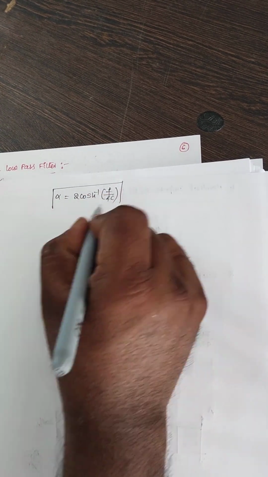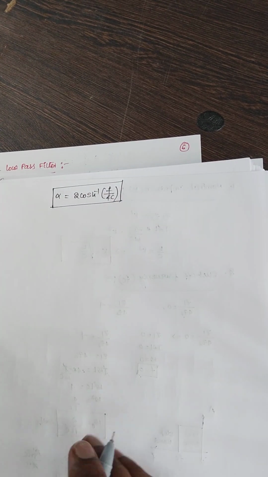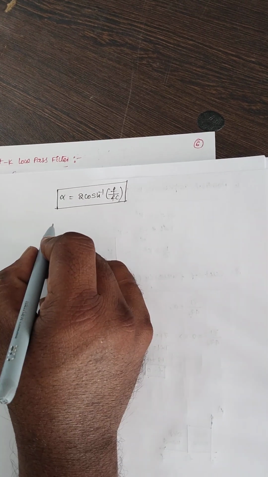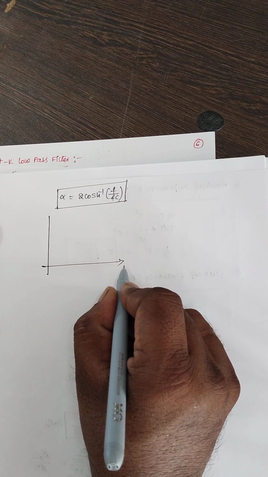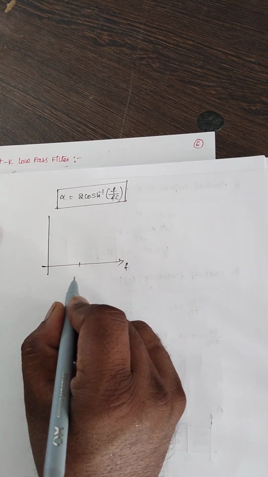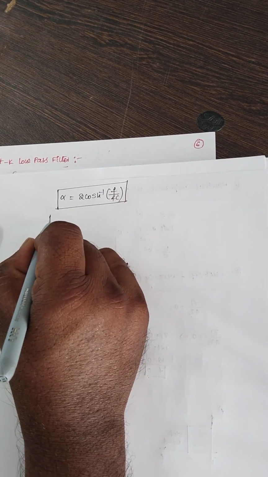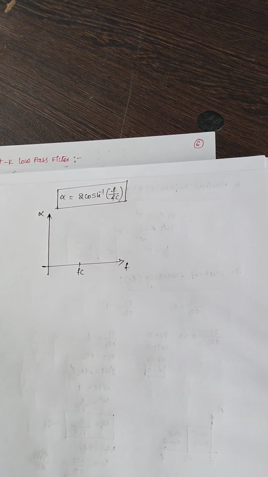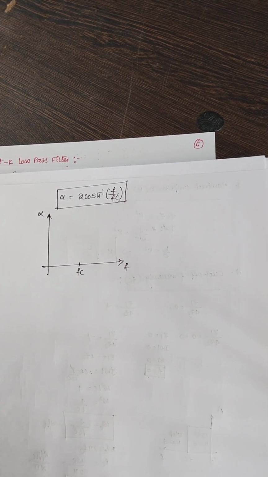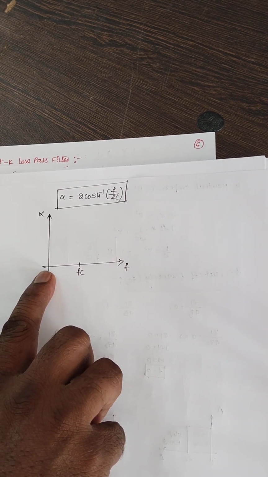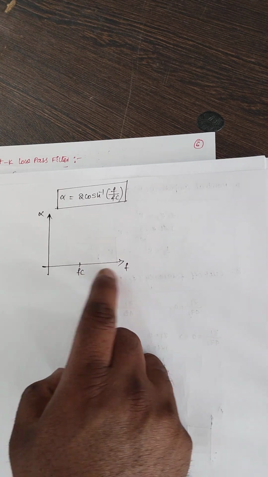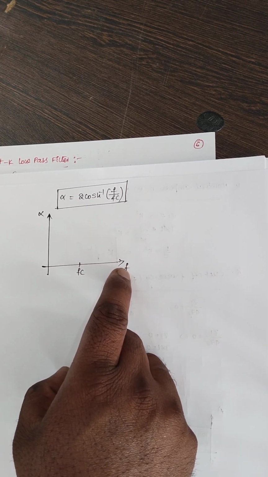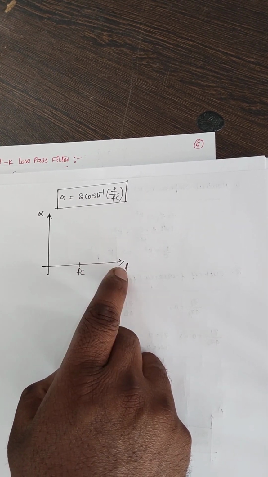Now let me draw the graph between alpha versus frequency. This is the cutoff frequency, and I am taking alpha on the y-axis. This is for a low pass filter. It allows the frequencies from 0 to fc, known as the pass band, and above the cutoff frequency it attenuates the signals, known as the stop band.